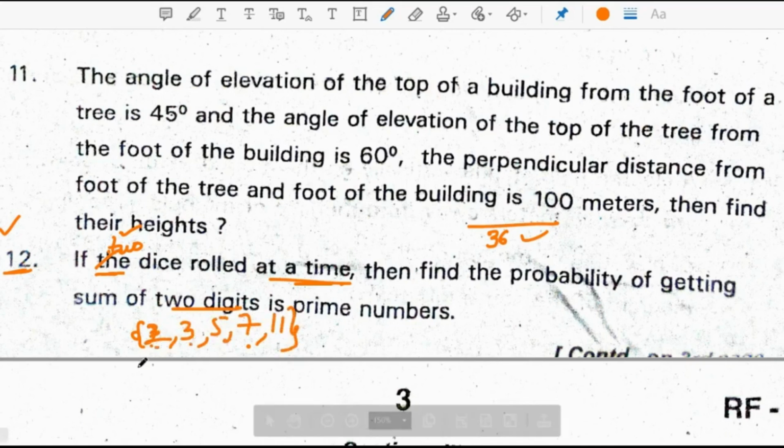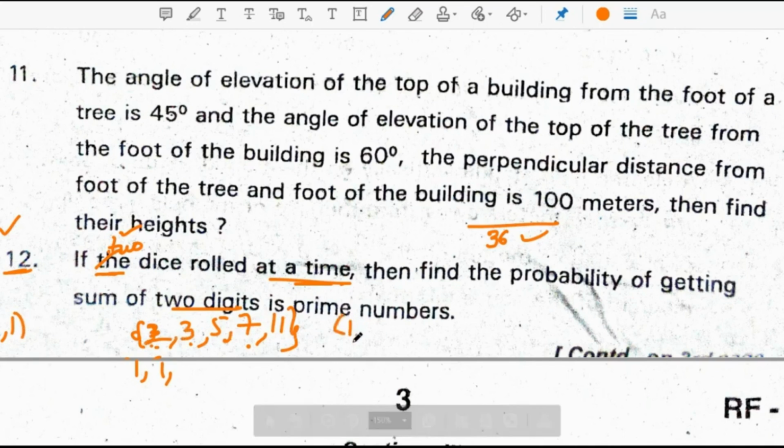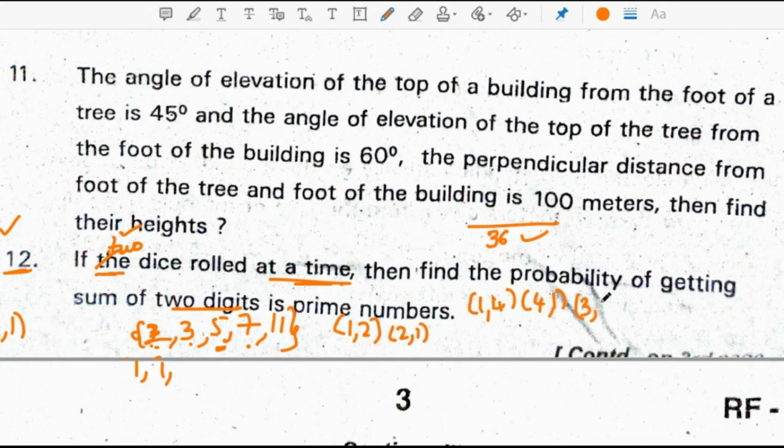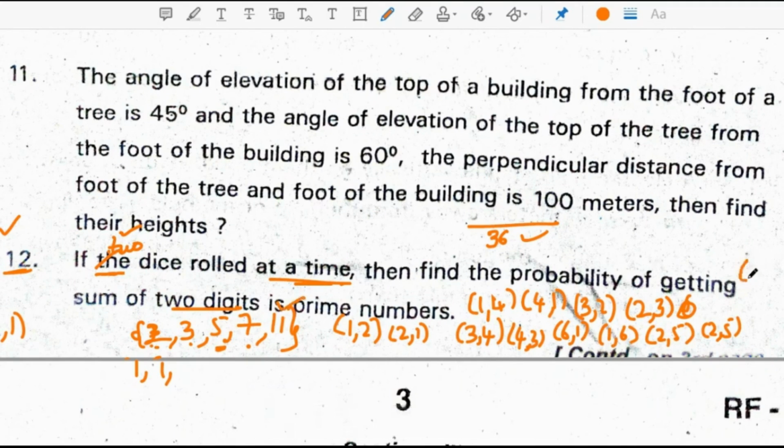So to get this number, the possibilities are 1 comma 1 for 2. Possibilities for 3 are 1 2, 2 1. And possibilities for 5 are 1 4, 4 1, 3 2, 2 3. So possibilities for 7 will be 3 4, 4 3, 6 1, 1 6, 2 5, 5 2, and possibilities of getting sum 11 which is prime number will be 5 6 and 6 5.